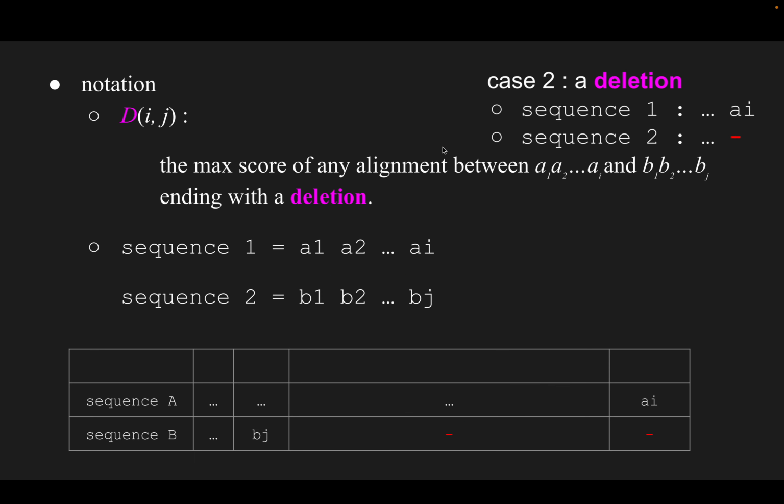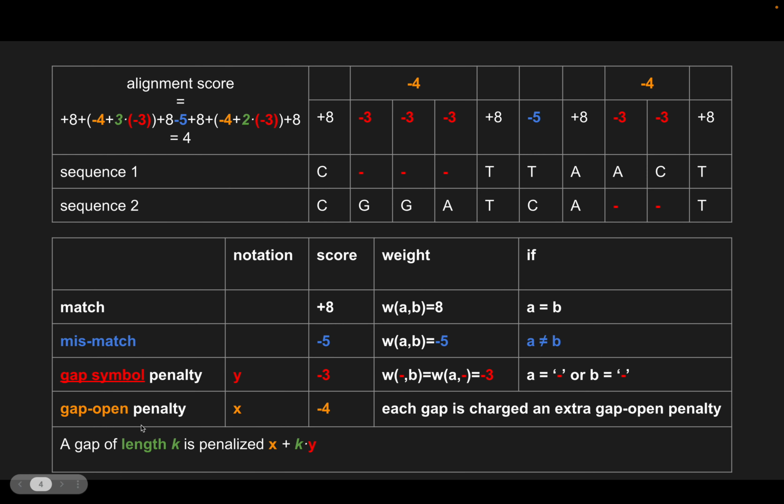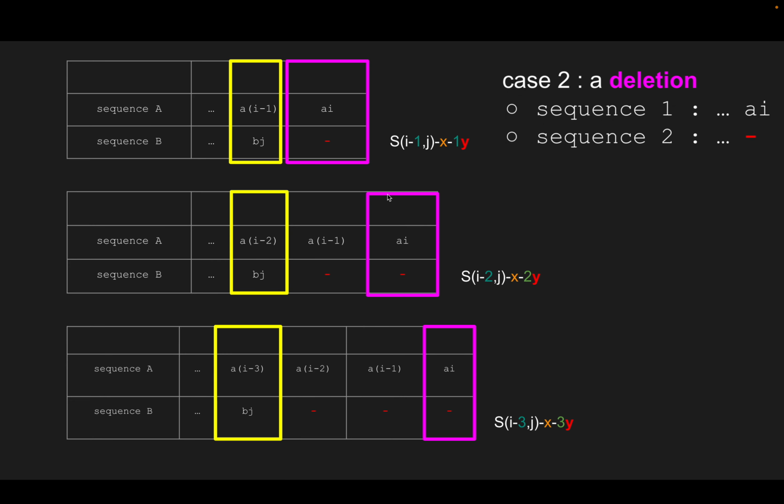x is the gap open penalty for each gap, and y is the gap symbol penalty for each symbol. So we have one gap and one symbol, and the total score will be S_{i-1,j} minus x minus 1 times y. We can deduce the score for the next case.